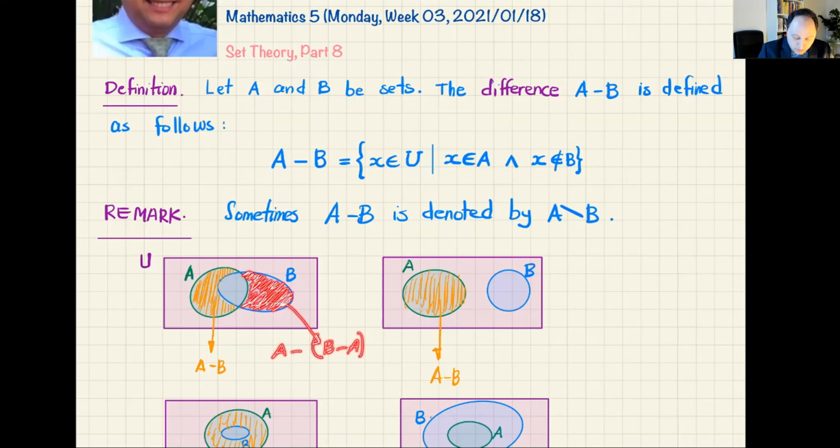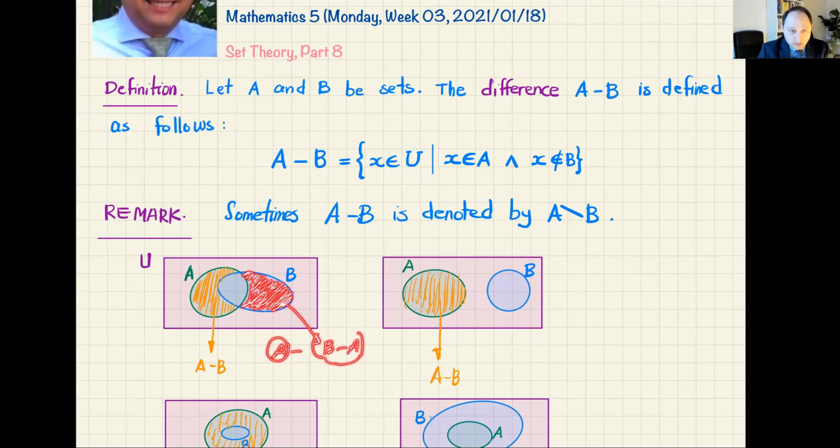It means whatever is inside A but not inside this red part. Can you tell me what the answer is? Everything inside the set A, but not in the red part. Just A. Just A, yes.